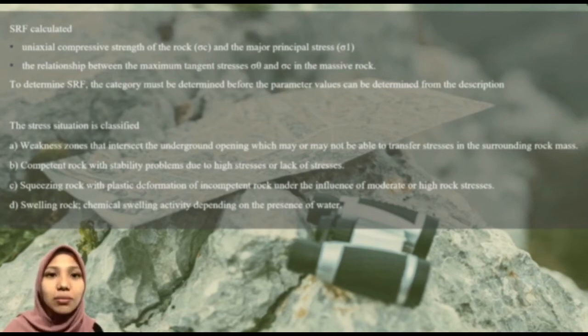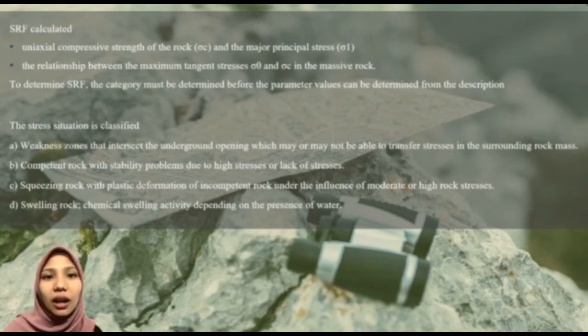The stress and mass strength of the rock can be measured, and SRF can be calculated from the relationship between the uniaxial compressive strength of the rock and the major principal stress, or the relationship between the maximum tangential stress and the compressive strength of the rock in the massive rock.